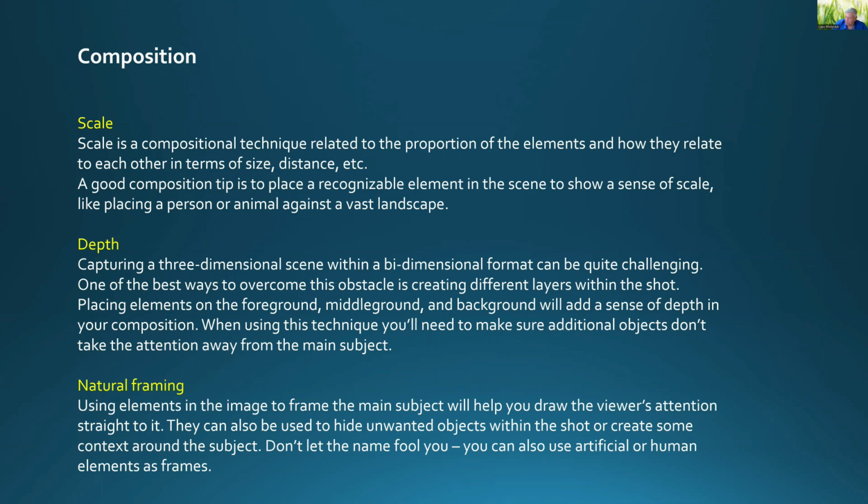Depth, having something in the foreground as well as something in the background, people will tend to look at it and it will add to your composition instead of just having a picture of, I don't know, a tree in a lake. Have something, some rocks or something on the edge.